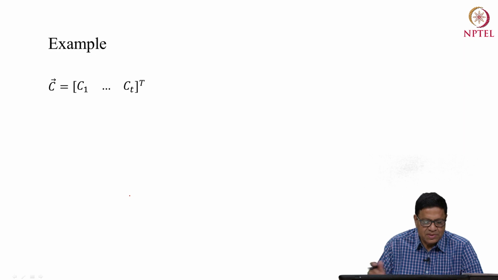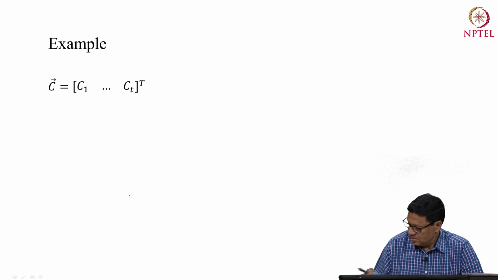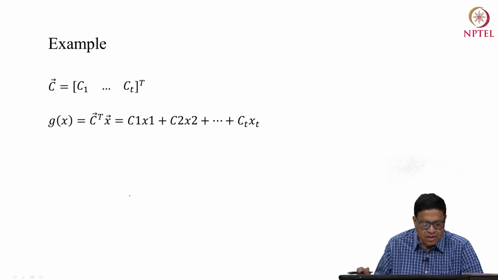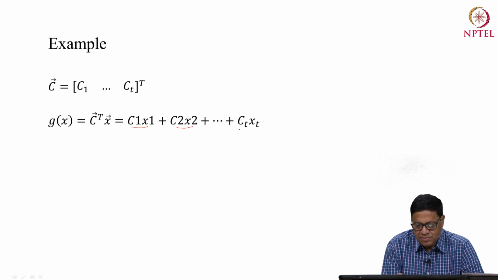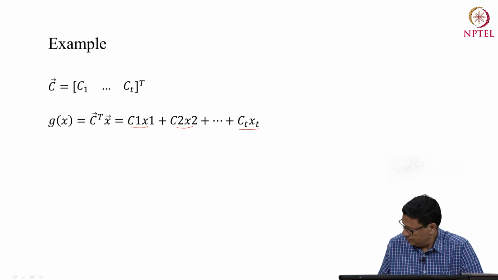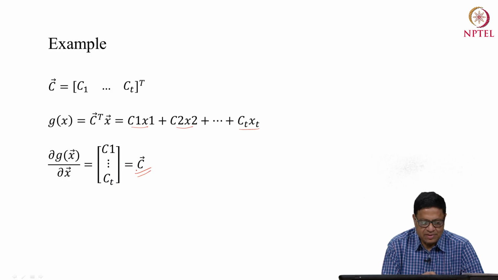So let us take an example. Suppose there is a vector c which has components c1 to ct. Let g(x) be c transpose into x. If I multiply with the x vector, I get c1 x1 plus c2 x2 plus up to ct xt. Now if I take the differentiation with respect to the x vector, what I get is c1 to ct, which is nothing but the c vector.